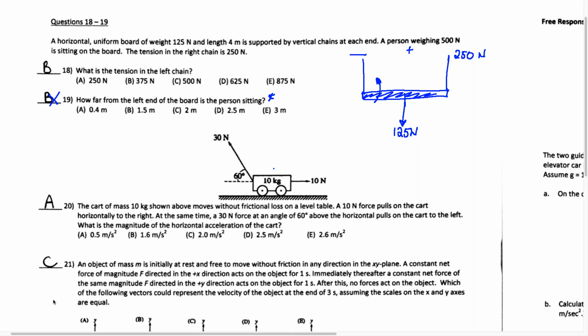The next question I'm going to look at is packet number 3, question number 9.